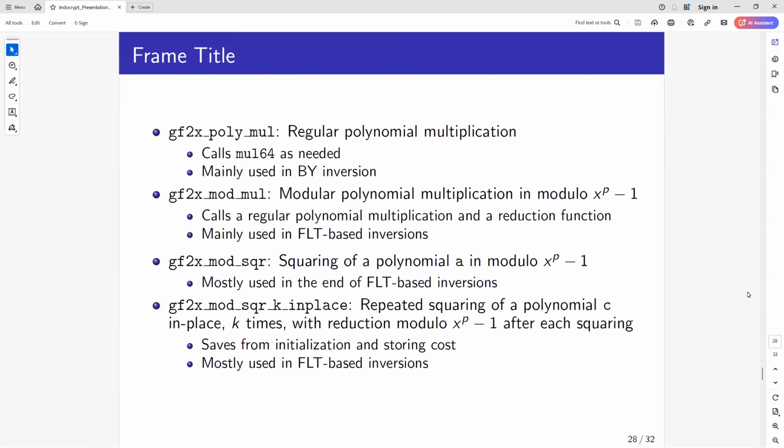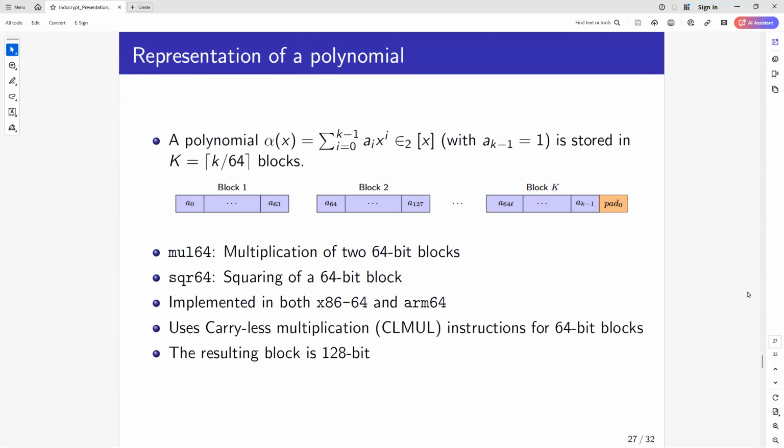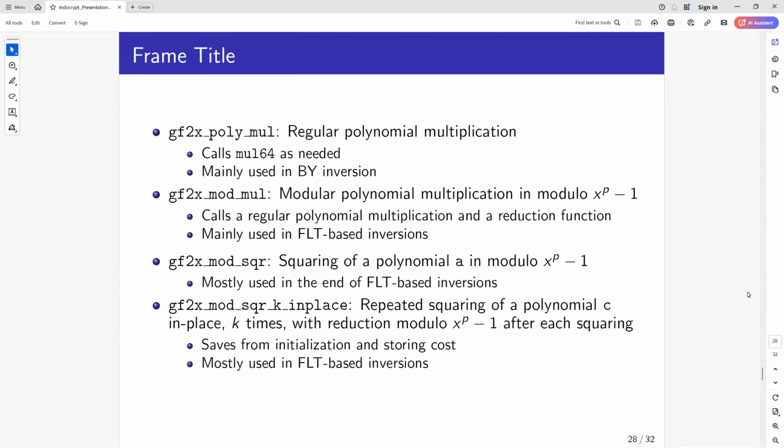The previous functions like mul64 and square64 are used to perform polynomial multiplication and modular multiplication. Regular polynomial multiplication calls mul64. This is mainly used in BY inversion because in BY inversion there is no modular multiplication.